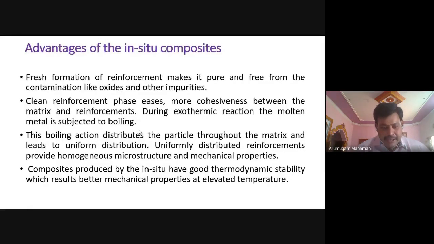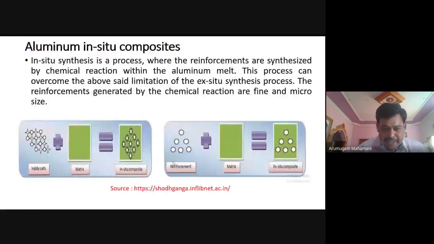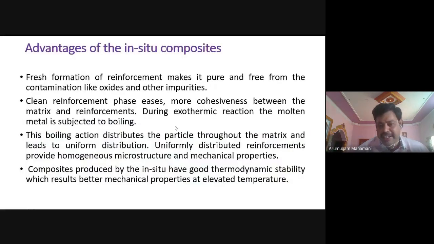Already I said, while adding the halide salts to the matrix, an exothermic chemical reaction will occur, which releases the reinforcement. Exothermic reaction means it emits a lot of heat, so immediately your aluminum melt will be boiling.